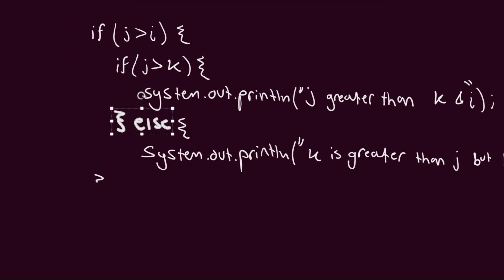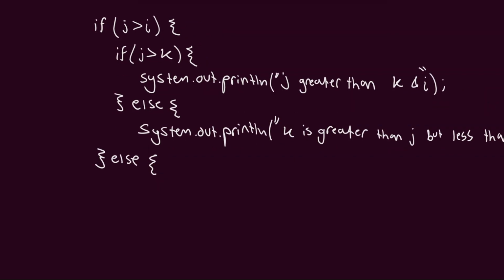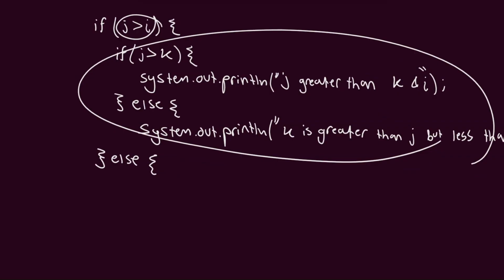Now over here, we're going to add an else statement that belongs to this if statement. So this one will print out that j is less than i if this statement is false, and if this statement is false, then this whole statement will never execute.